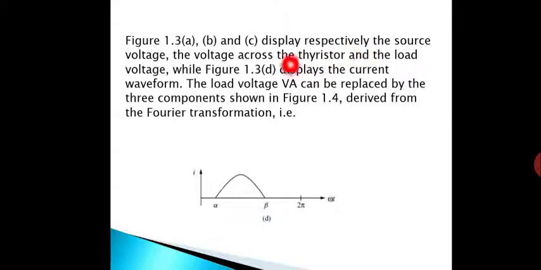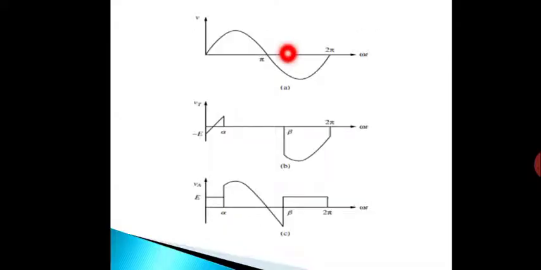They display respectively the source voltage, the voltage across the thyristor, and the load voltage, while figure 1.3 displays the current waveform. So this is the source voltage, voltage across the thyristor, and load voltage.